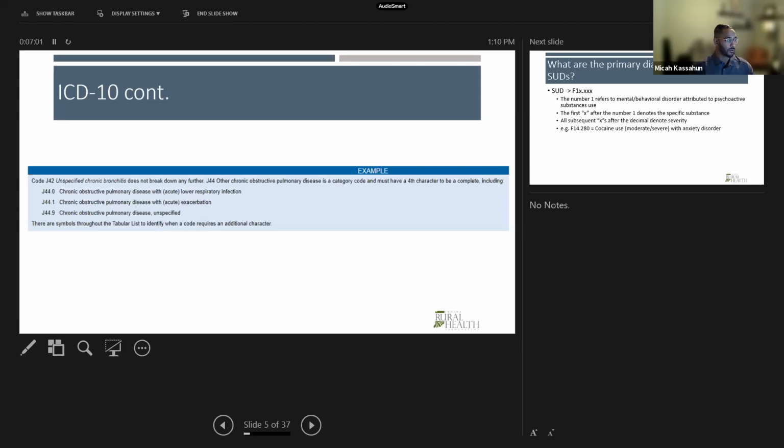If we look at J44.1, we have the same issue, chronic obstructive pulmonary disease, with acute exacerbation this time. So there is a new element added, just because you changed one number after the decimal.